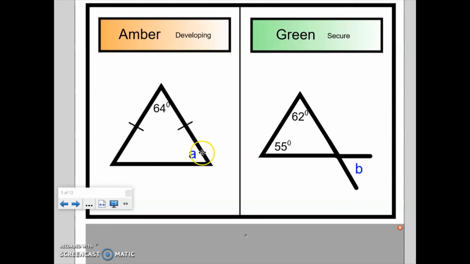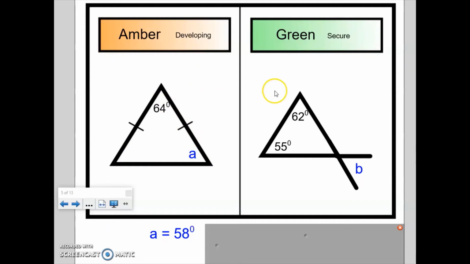So in order for me to work out the missing angle A, I'm going to take 180 and subtract 64, which is going to tell me that both of these angles combined equal 116 degrees, which I'm then going to divide by 2 to tell me that angle A would have to be 58 degrees. So yes, I've solved that problem, but I used the angle fact of angles in a triangle adding to 180 degrees in order to get my answer.